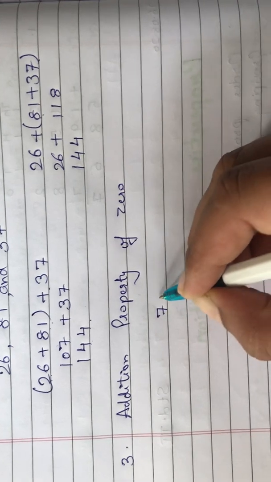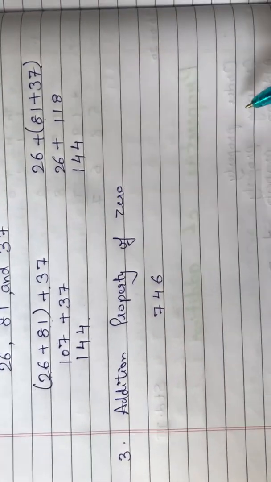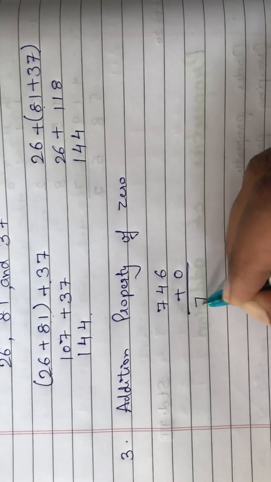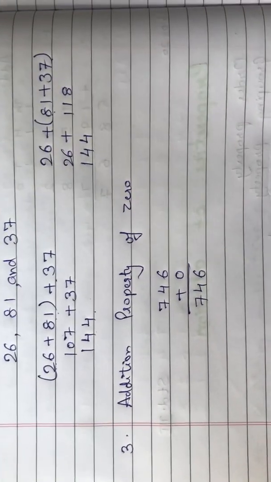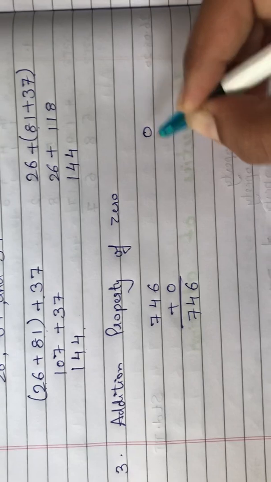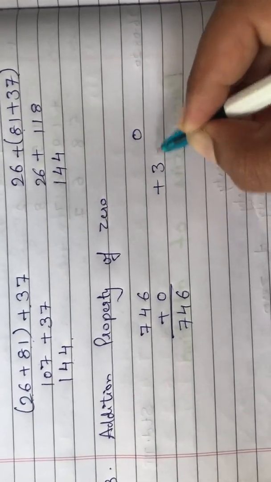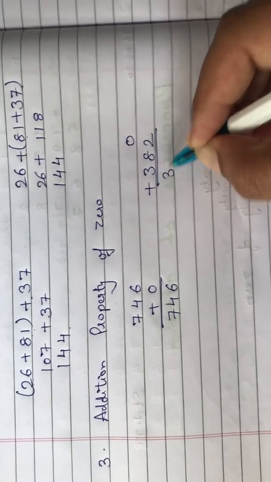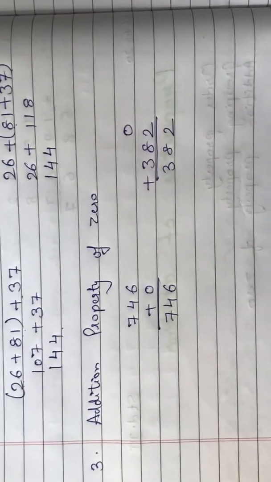Say we have 746 and we add 0 to this number, we get 746. And when any number, say 382, is added to 0, what we get? Same number, 382.